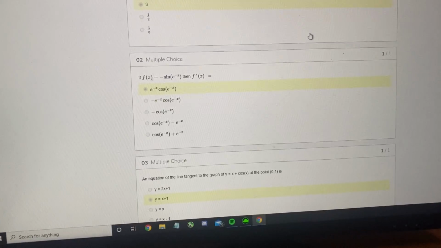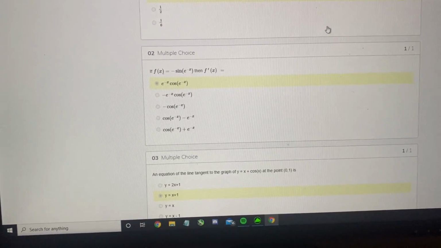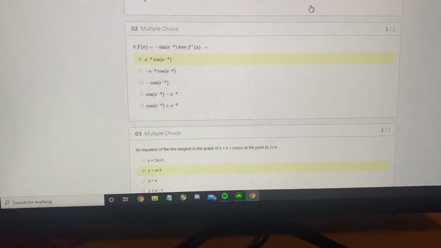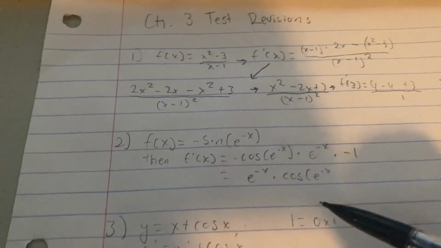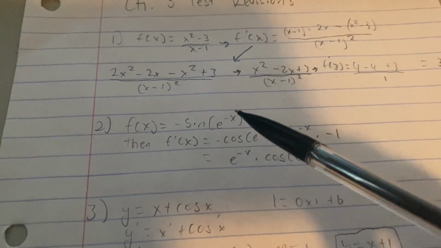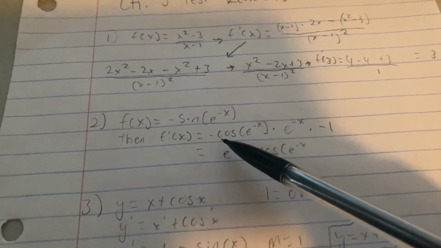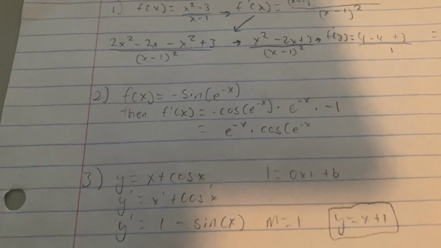All right, moving on to the next problem. We have: if f of x equals negative sine of e to the negative x, then find the derivative. We just have to apply some basic rules here. We can apply the coefficient rule, so we bring out the negative 1, and the derivative of sine is cosine.